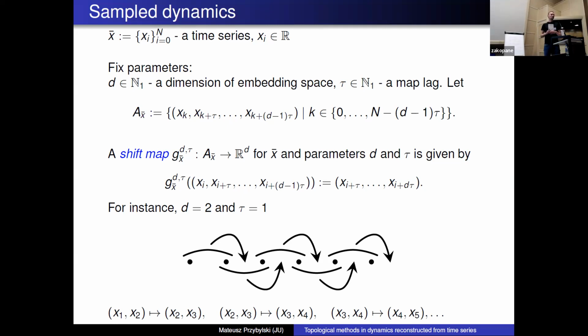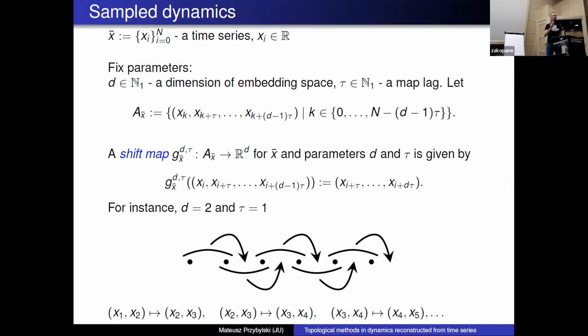We just did a kind of grid search for the dimension and the cube. The next parameter here is the lag of the shift map. We fix this lag equal to 1.